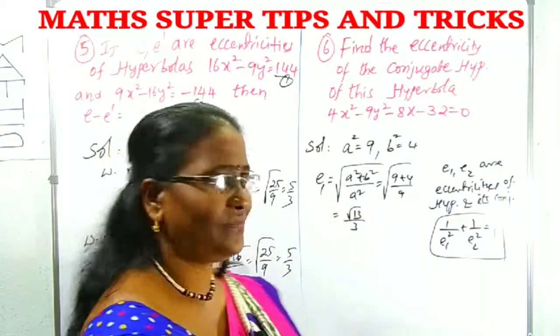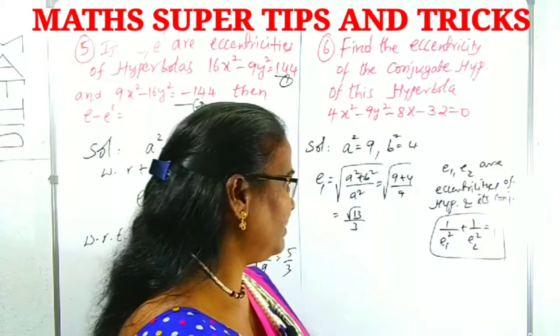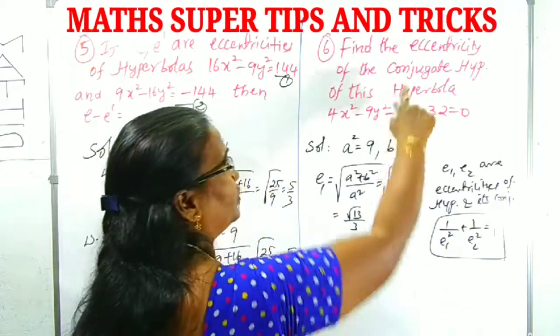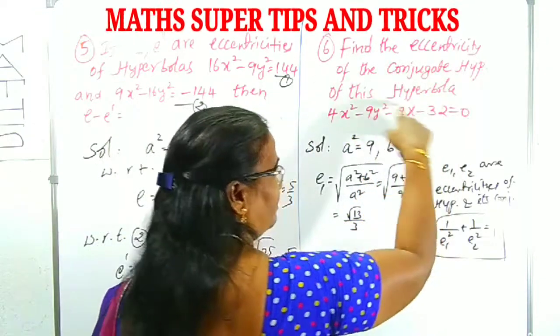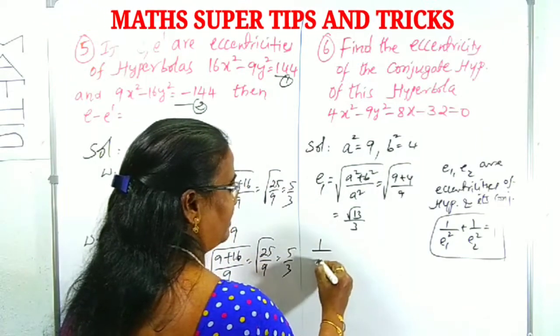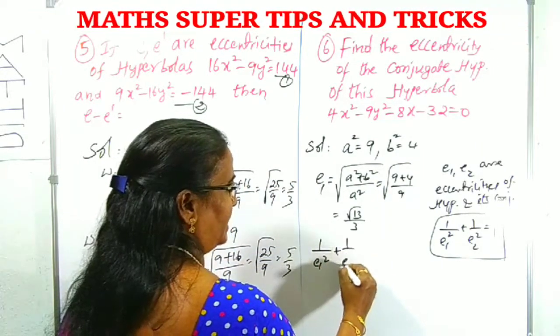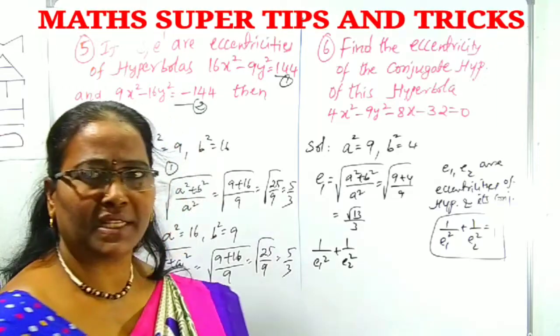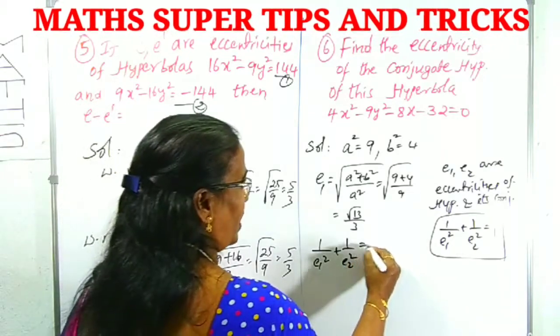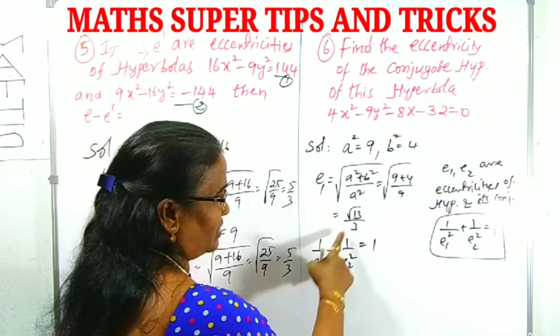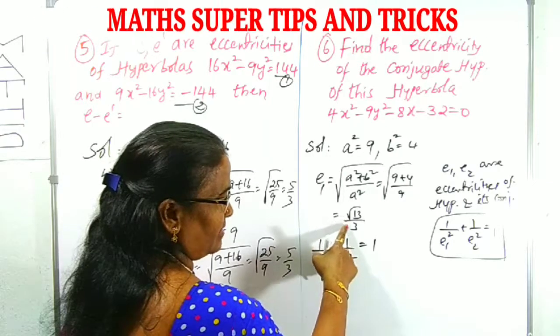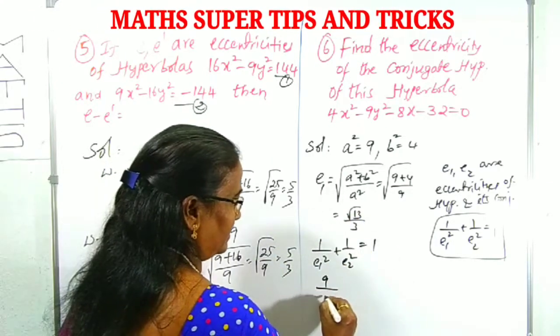Clear? E1 you got. What is the relation between E1 and E2? We want E2 now. We want the conjugate hyperbola of this hyperbola. What is the relation between them? 1 by E1 square plus 1 by E2 square is equal to 1. 1 by E1 square means what? E1 square is 13 by 9, so 1 by E1 square means 9 by 13.